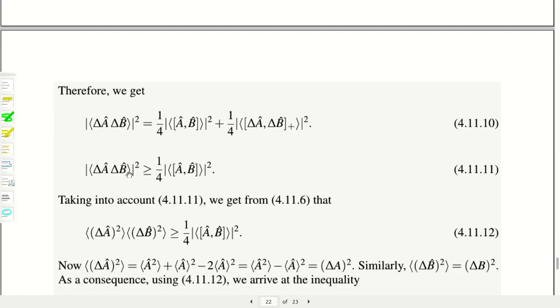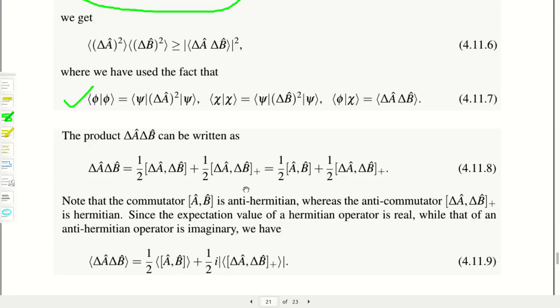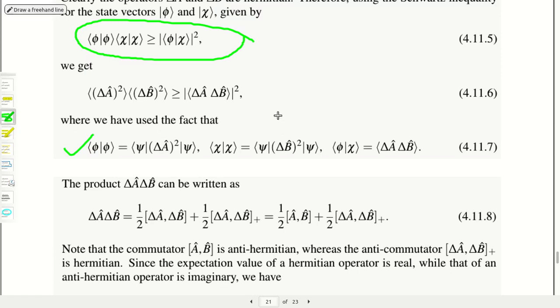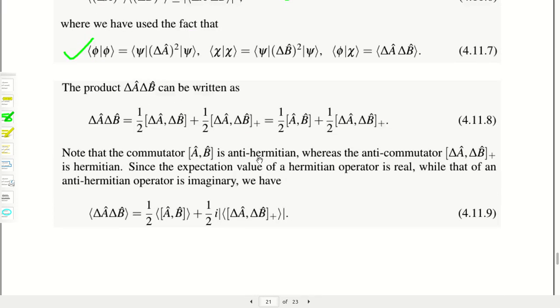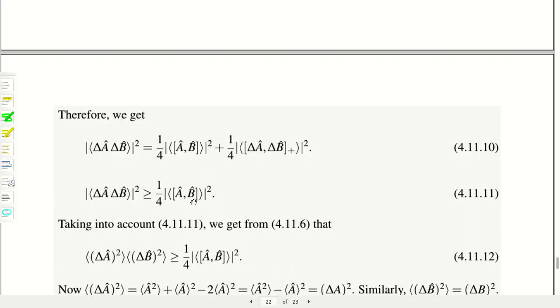So we have got this result, that this one is greater than or equal to 1 by 4 of the expectation value of the commutator brackets of A and B. Now, look at this expression, where the right hand side is that term. You keep the left hand side unaffected, but you change the right hand side using this law.